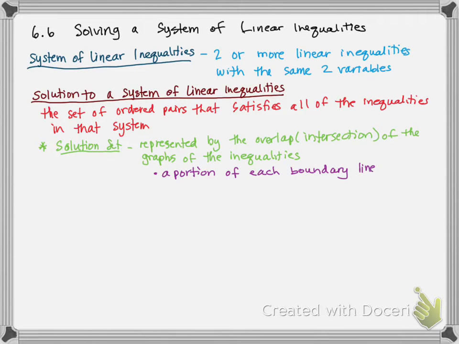And then there's going to be a doubly or mutually shaded region. So I'm just going to tell you right now, super duper important that you check before you shade.